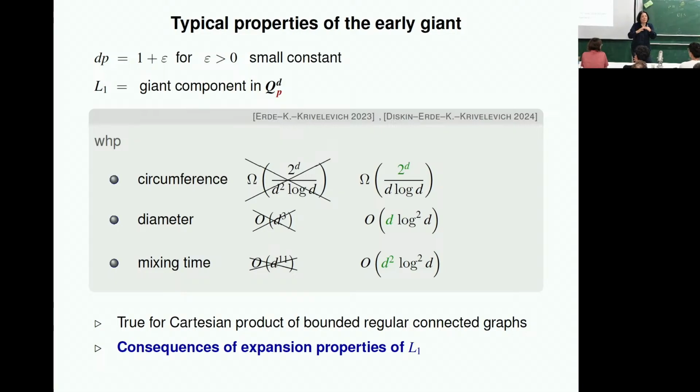Small mixing time, some of these are equivalent, not only one direction but equivalent. But of course in our random graph theory, we are very much interested in these quantifications, not quality but quantity. So this is the thing: it's not direct, but following the general philosophy, a consequence of the expansion properties of the giant. So let me talk about these expansion properties, what I mean by that.